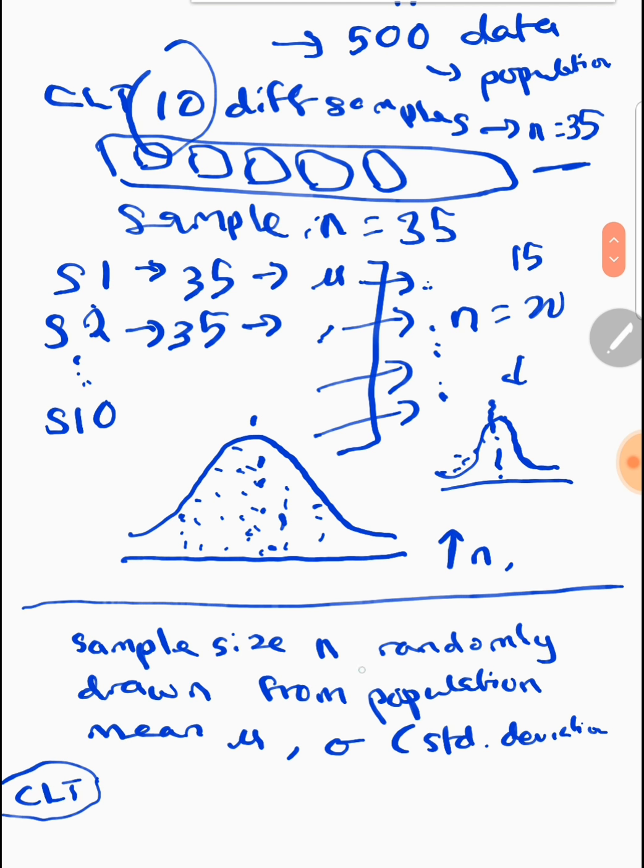Say you have sample size n randomly drawn from a population of mean mu and standard deviation sigma, for a fairly large sample size, in which n is 30 or greater.